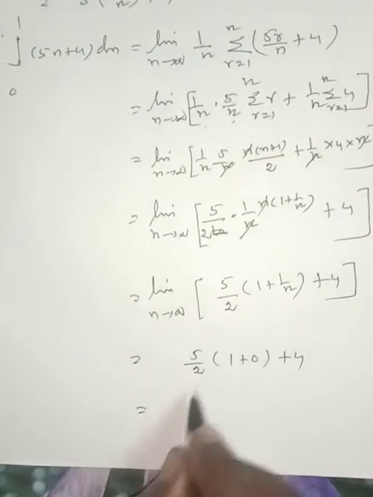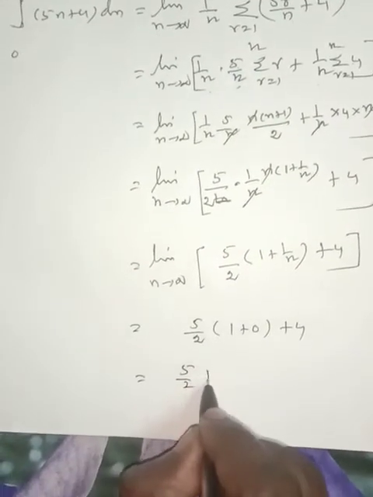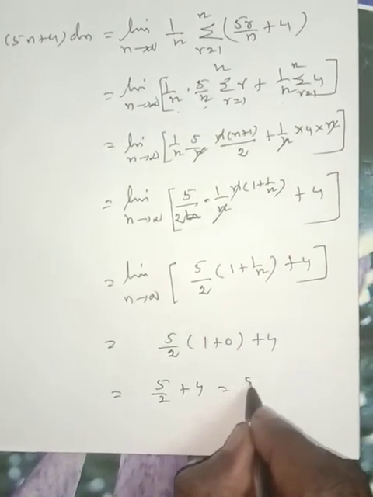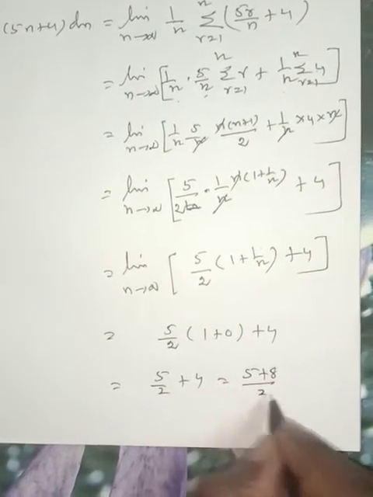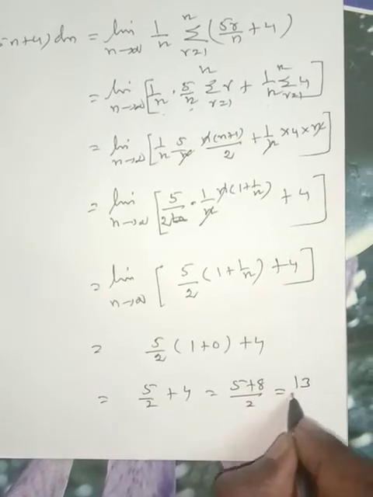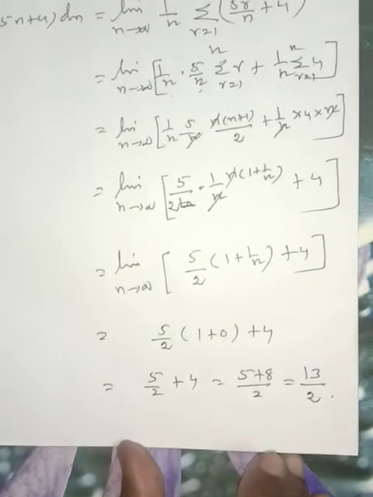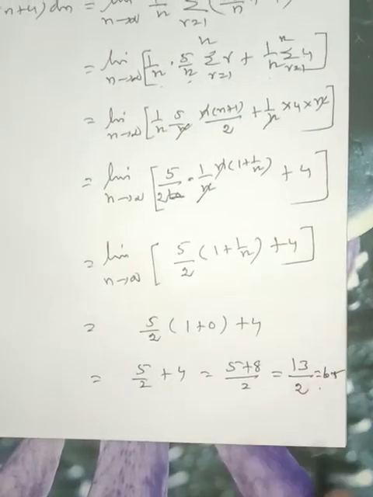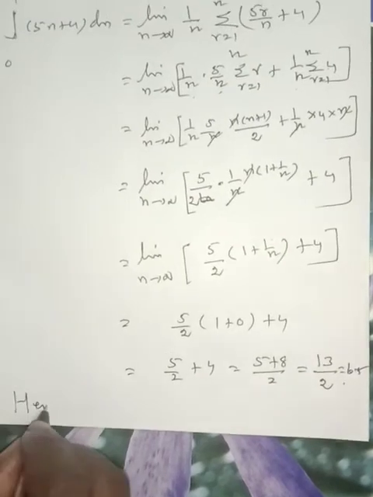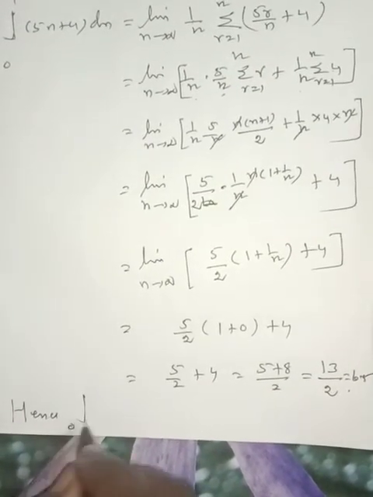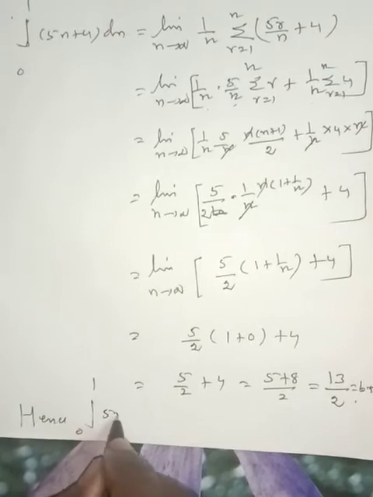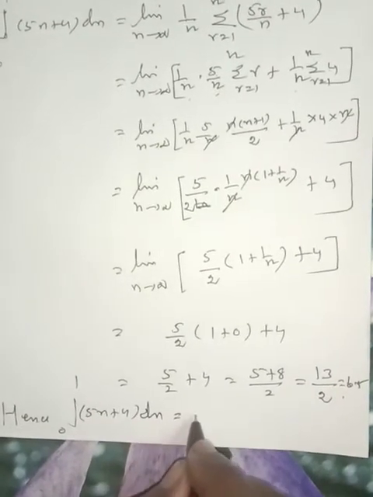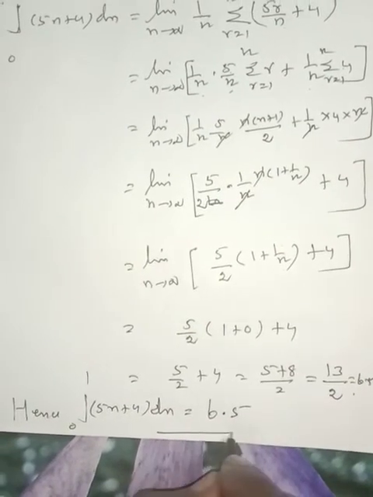This means 5 by 2 plus 4 is equal to, taking LCM, (5 plus 8) divided by 2, equal to 13 divided by 2, which means 6.5. Hence integral 0 to 1 of (5x plus 4) dx is equal to 6.5.